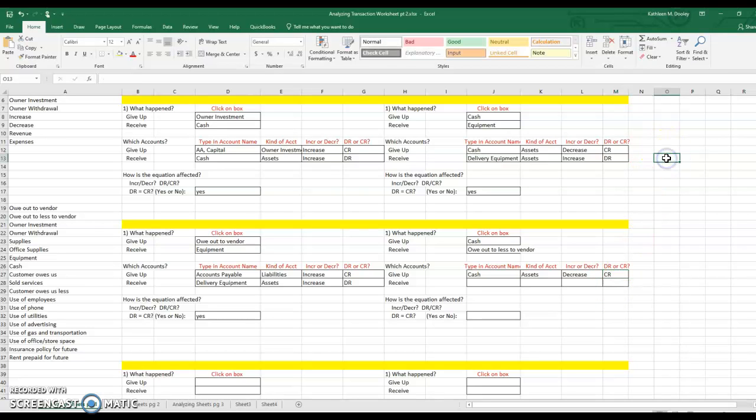We know that an increase is a debit for A, W, and E, which is assets, withdrawals, and expenses. If we have an increase on any of those 3, it will be a debit. If it's a decrease, however, which is the opposite of increase, then we will have the opposite of debit, which in this case is credit.